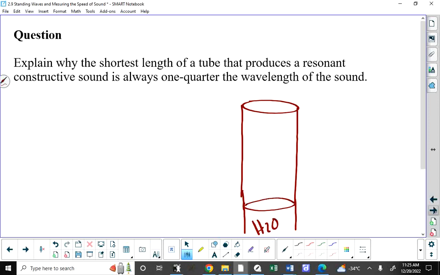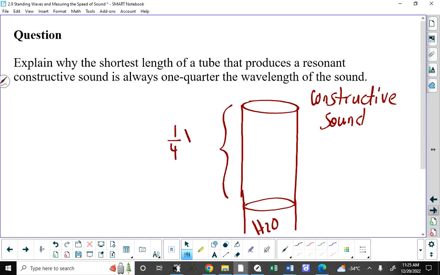So the tube effectively ends there. Okay. Why, if we hear constructive sounds, also known as resonance in the case of sound, it's constructive interference. Why is this distance 1/4 of the wavelength? That's what the question asks.